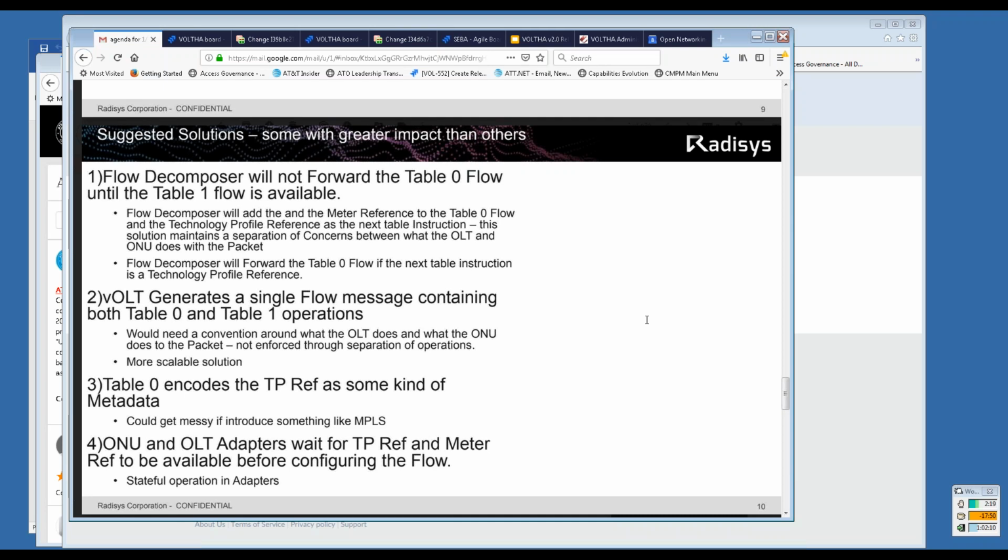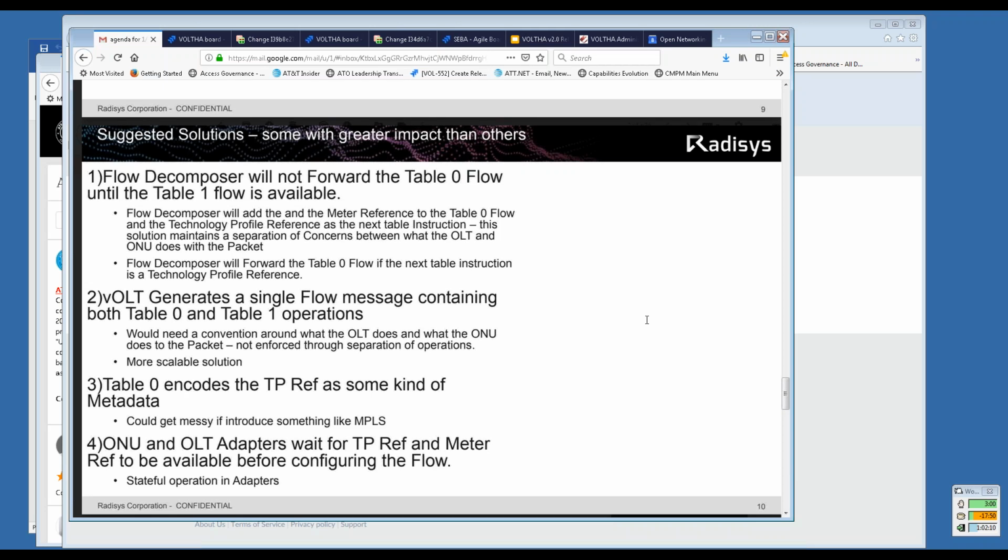If it doesn't, then we're stuck in that we can't really configure anything, and we end up in a situation where we have to be either stateful, have to wait for all the pieces to arrive, or somehow we have to stick the tech profile information into some other fields in the flow, so that once one flow is received, all the information is available for the ONU.